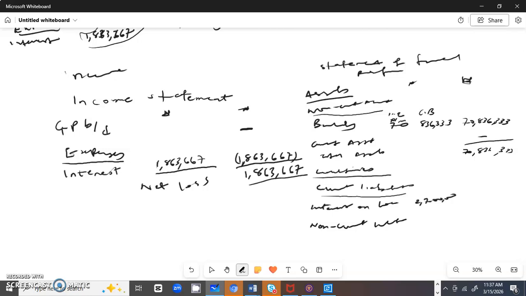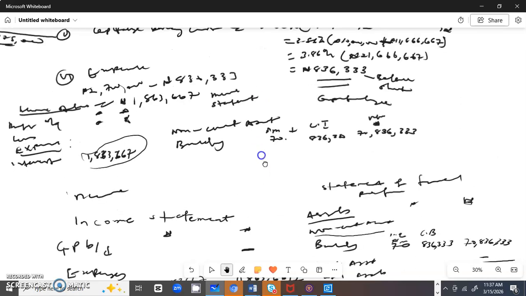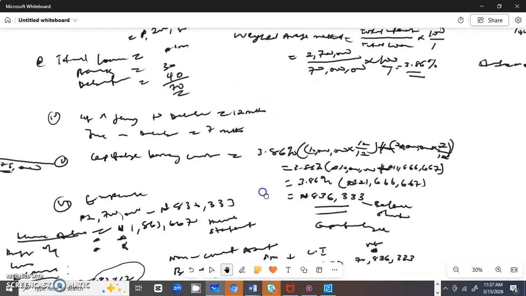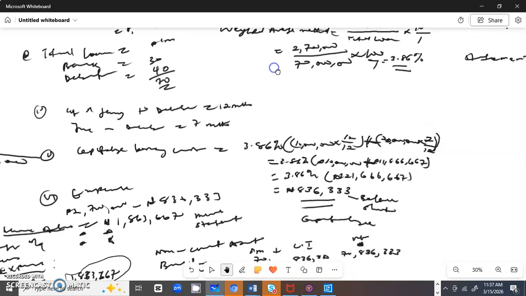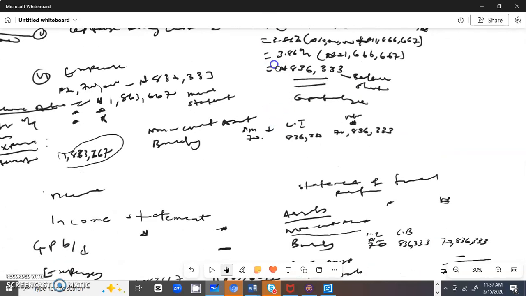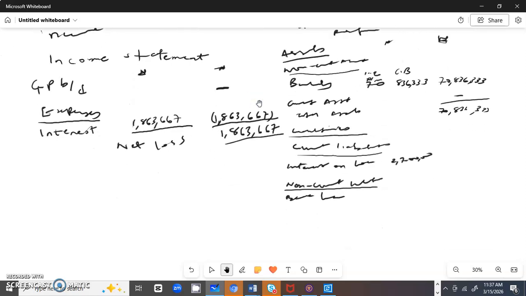Non-current liabilities, we have the bank loan. So let's check the bank loan in the question. The bank loan is 30 million naira and the debenture is 40 million naira. So bank loan, that is 30 million.